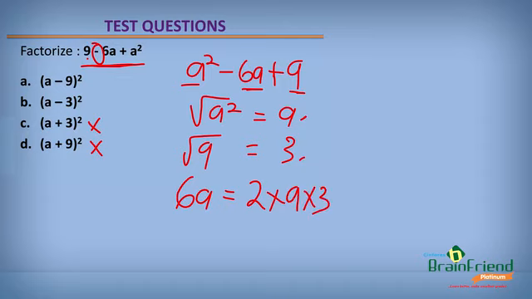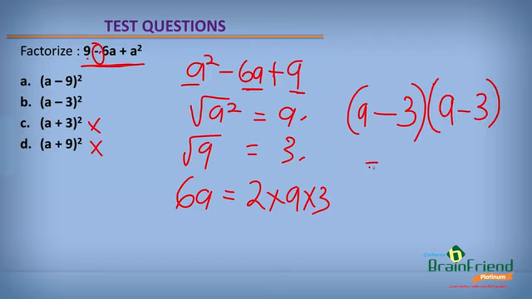So, this is a form of perfect square. The answer will be a minus, because what we have in our question is minus 3, a minus 3. And this is equal to a minus 3 all squared. So the correct option is option B.